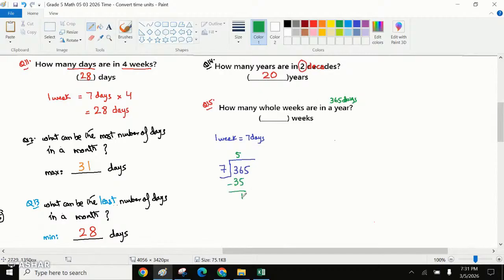We're left with 1. The 5 is brought down. 7 times 2 is 14. And we were left with 1 day. So usually it is 52 weeks. Perfect.